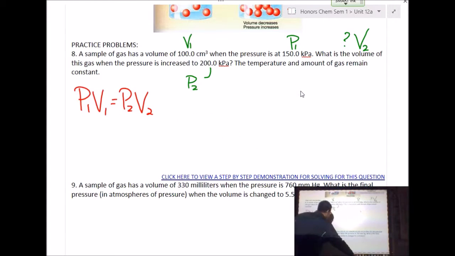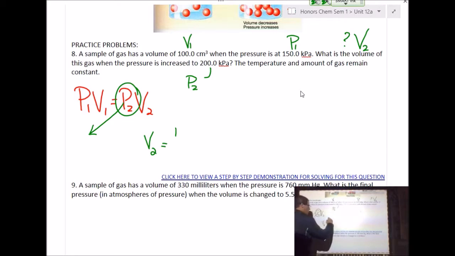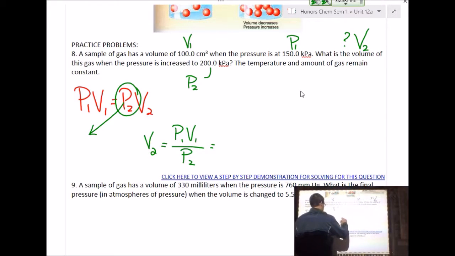We're looking for V2. So that means I'm going to divide by P2 on both sides. My equation looks like this: V2 is equal to P1 V1 divided by P2. And all the units are the same. How convenient.